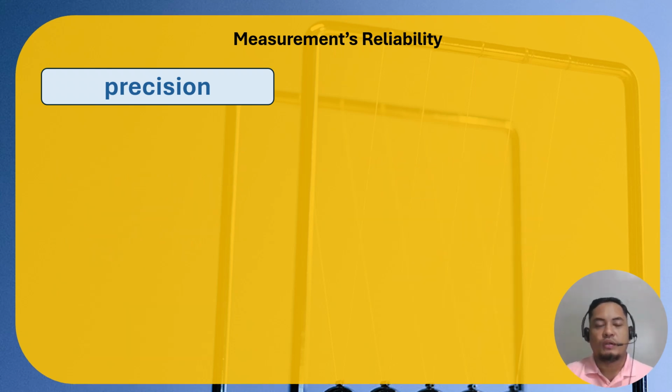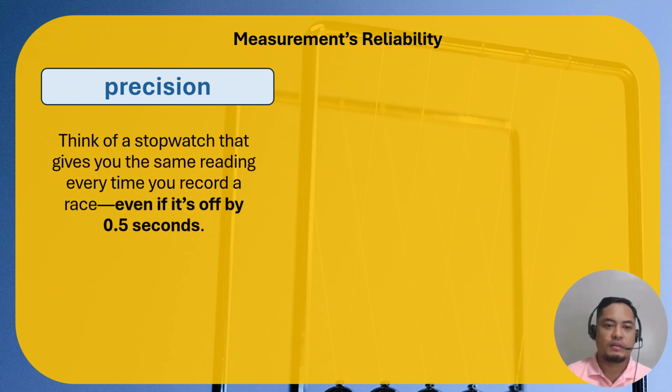When we talk about precision, I have another problem here. Think of a stopwatch that gives you the same reading every time you record a race, even if it's off by 0.5 seconds. So as you record the race several times and you get the same reading, even if there's something off with the stopwatch itself, I want you to guess what's going on with the precision and accuracy of this situation.